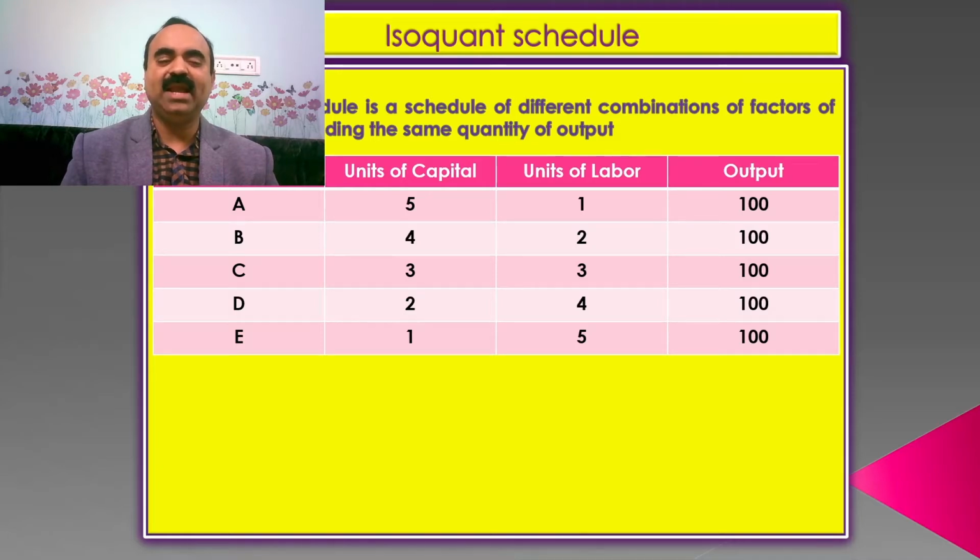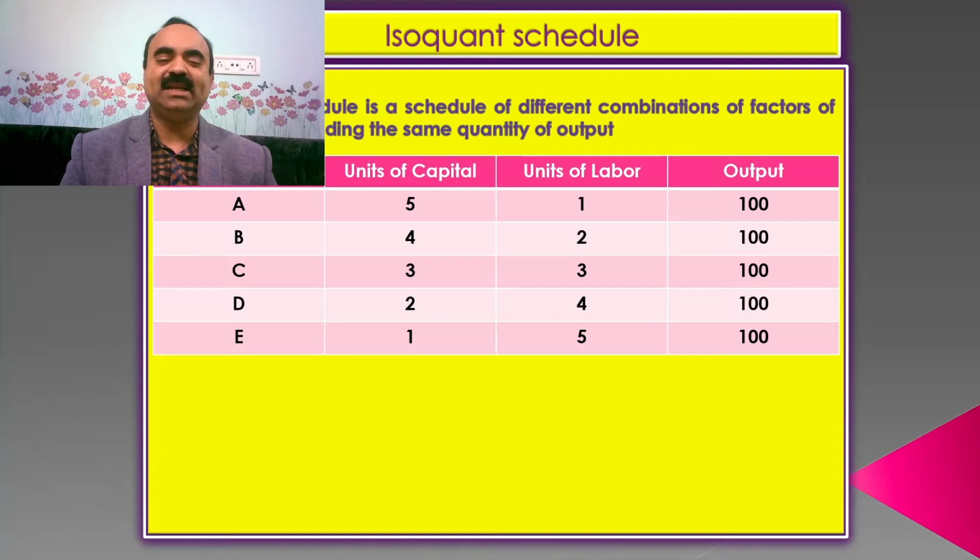In combination A, units of capital are 5, units of labor is 1, and the output is 100. In combination B, we can see units of capital 4 and units of labor 2, yielding same level of output of 100. Similarly, in combination C, units of capital 3, units of labor 3, and the output remains same at 100.